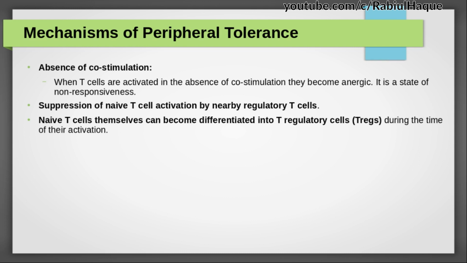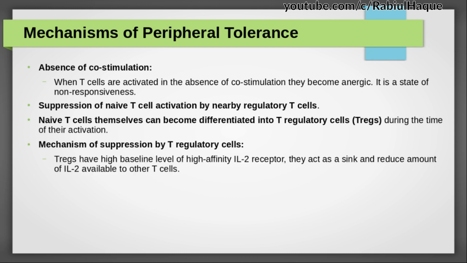So what is the role of T regulatory cells, or what is the mechanism of suppression by T regulatory cells or Tregs? Always remember, Tregs have high baseline level of high affinity interleukin 2 receptor. These receptors act as a sink and they reduce the amount of interleukin 2 that is available to other T cells. And by that it induces peripheral tolerance.